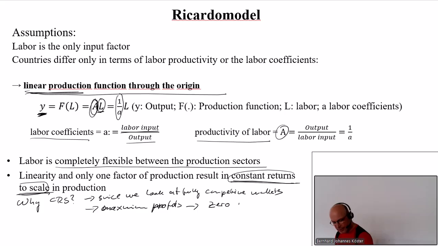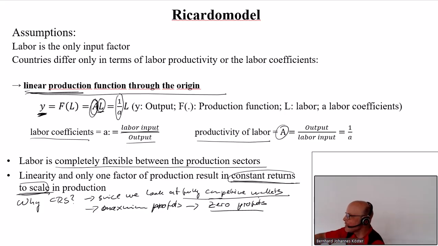Then zero profits are optimal. And why are zero profits compatible with fully competitive markets? Well, the argumentation behind this is if we still have the possibility of making profits, then there is an incentive for other companies to step into the market, and then we divide the cake of profits with more and more other companies.